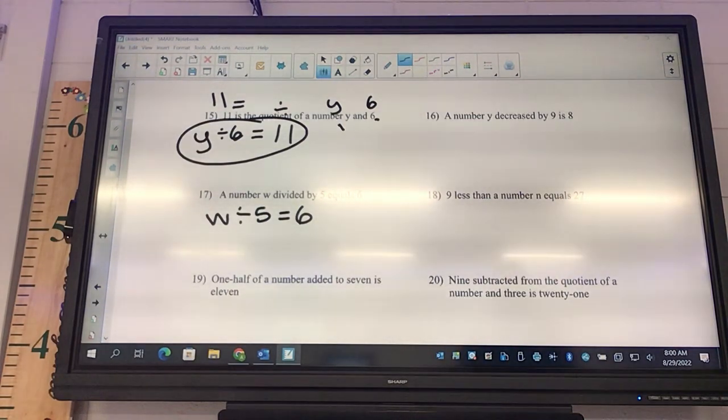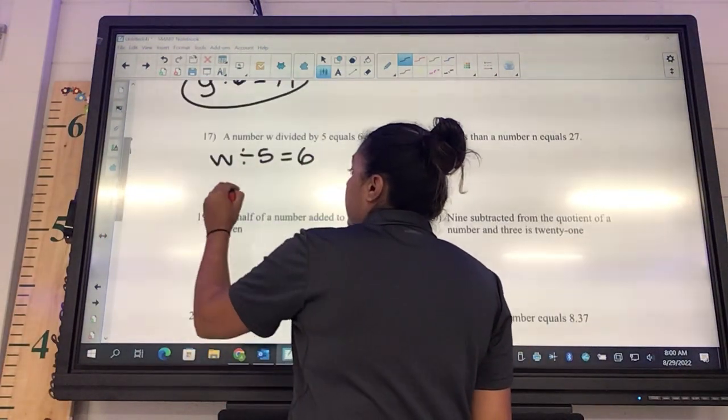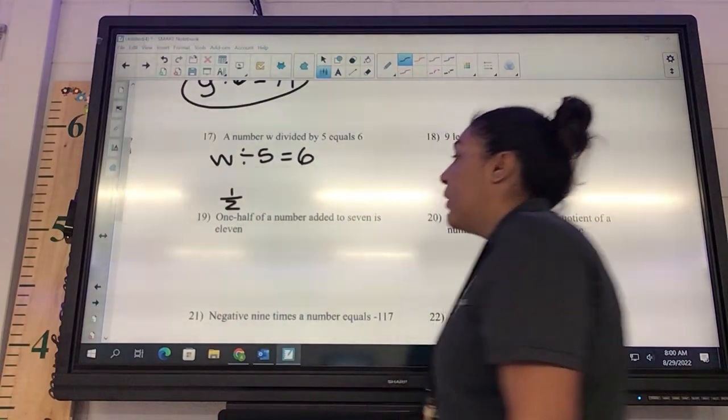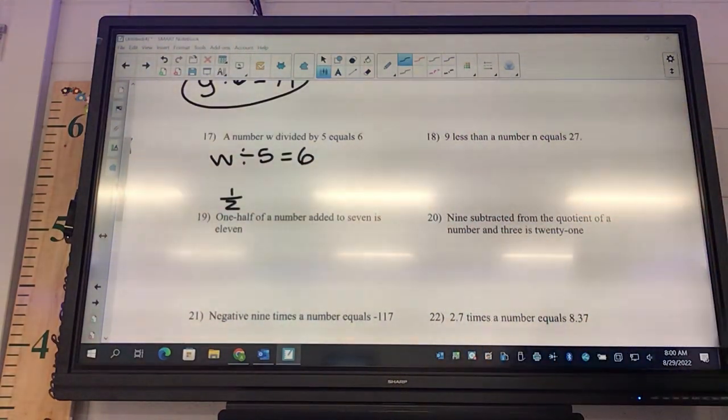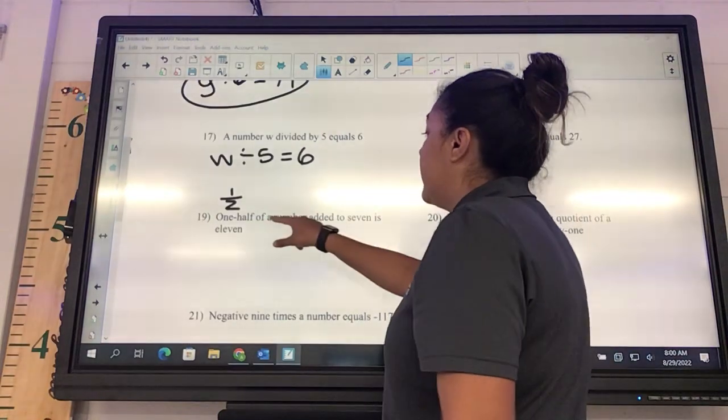One half of a number. Okay, so 1/2 of a number. Now, anytime you see a number, that means a letter. You can use x, a, whatever. Sometimes they'll say the number n, a number n, but this one just says a number.